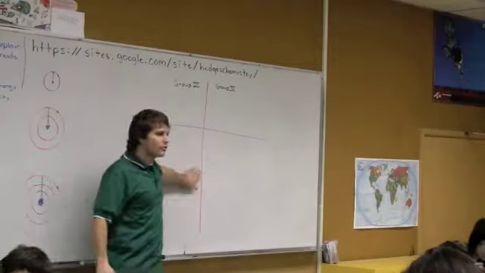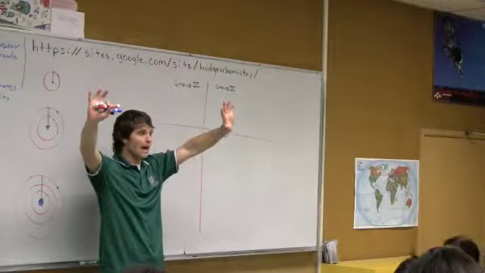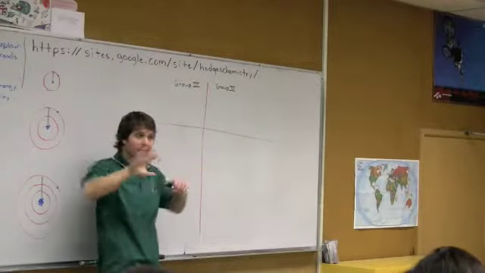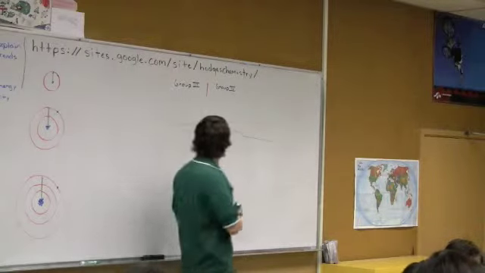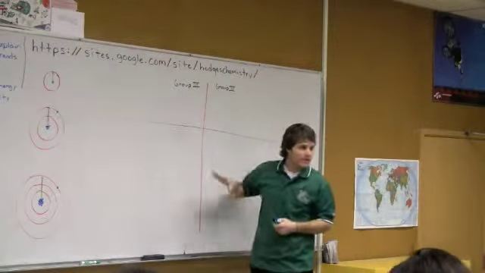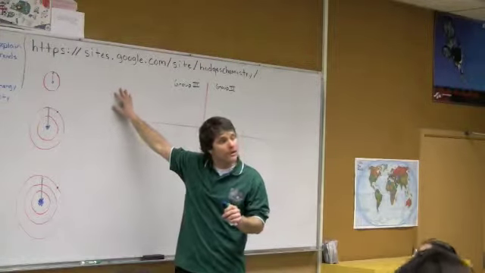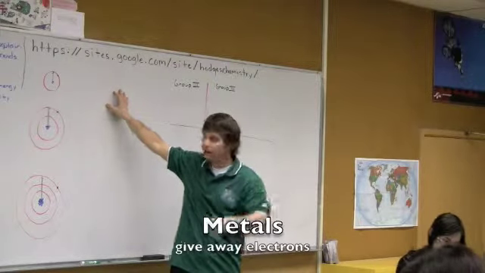The reason that I chose red to split those two sides is because on our periodic table we have the red stair-step line splitting the metals on the left and the non-metals on the right. If you look at this diagram, over here you have all the metals. The way we know that they're metals is they are forming positive ions because metals give away electrons.